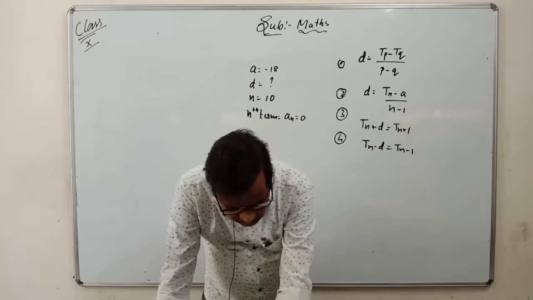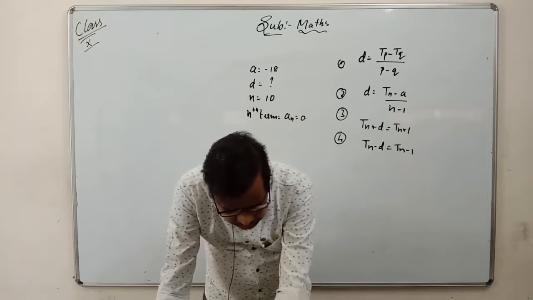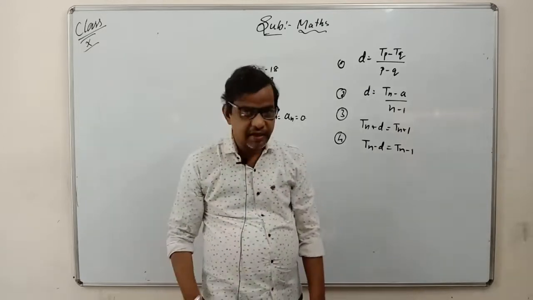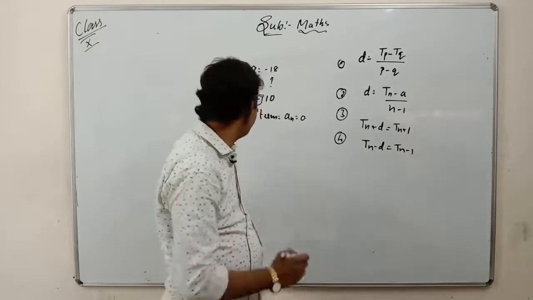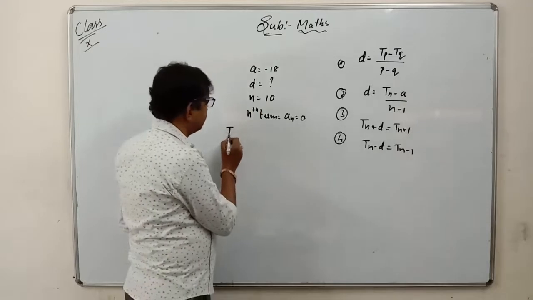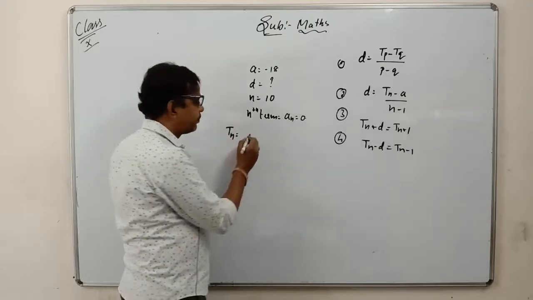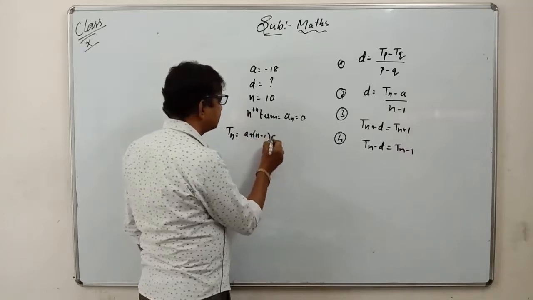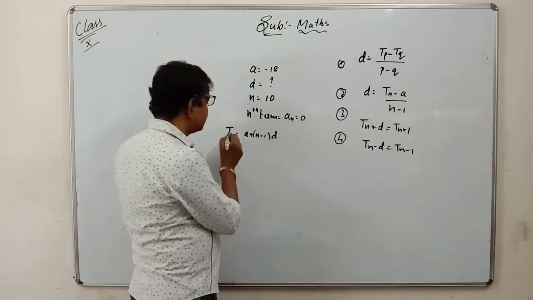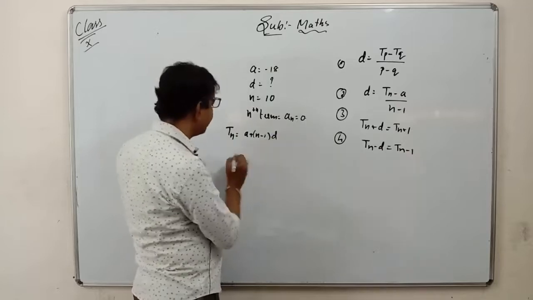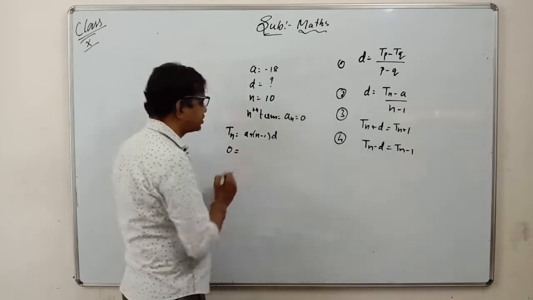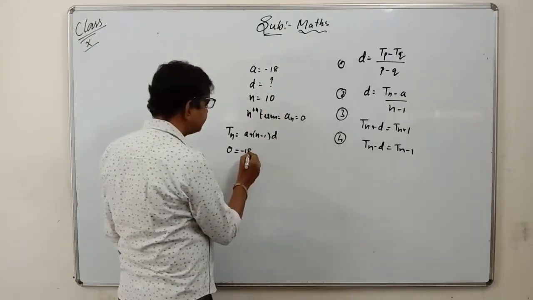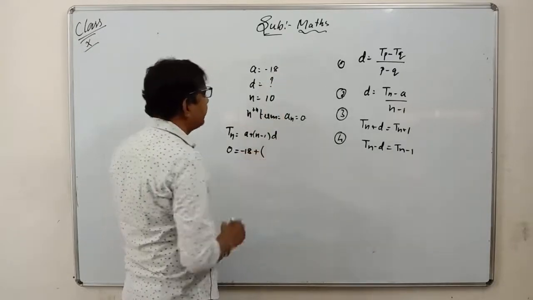From the formula we know that, substituting the values of everything given here: Tn equals A plus n minus 1 times D. The nth term he has given as 0 equals, the first term he has given as minus 18, plus n minus 1.